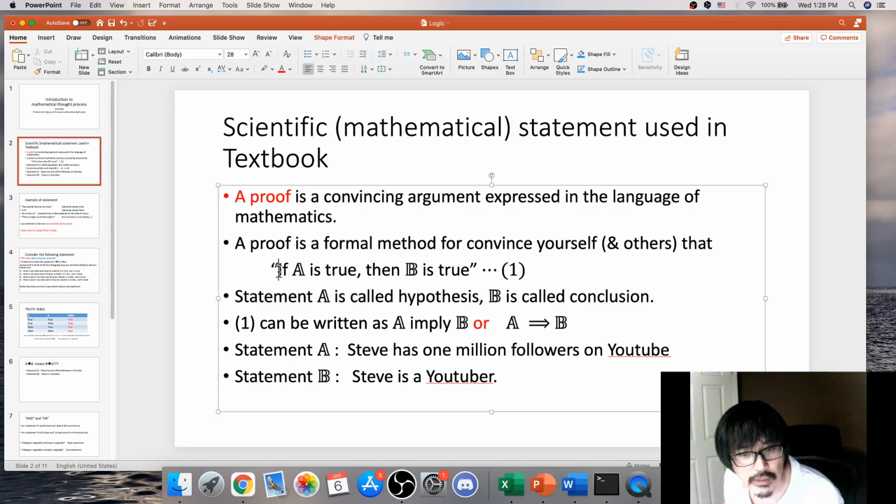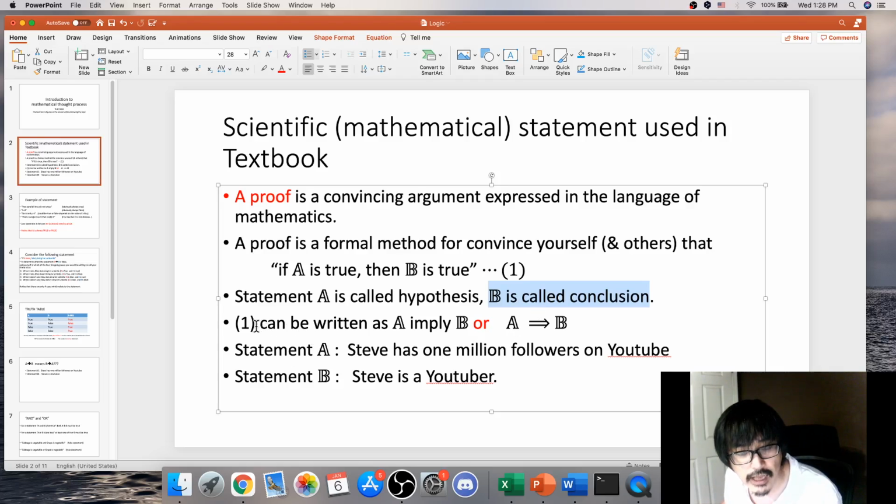So let's consider one statement right here. If A is true, then B is true. You might have heard this statement in biology, maybe, that the statement A is called the hypothesis, and B is called the conclusion.